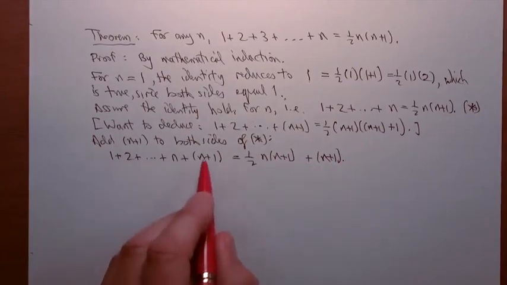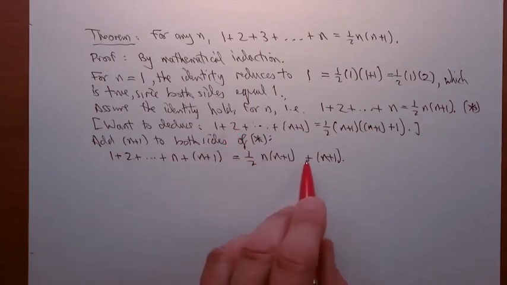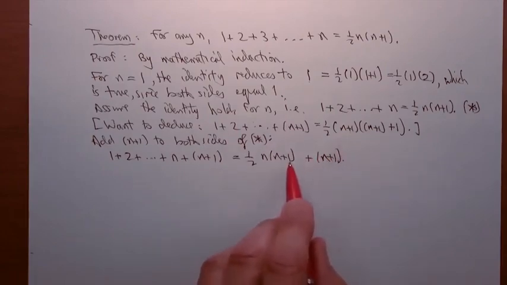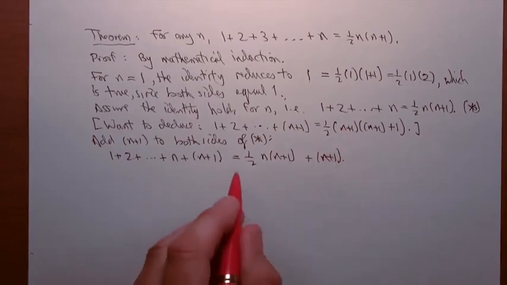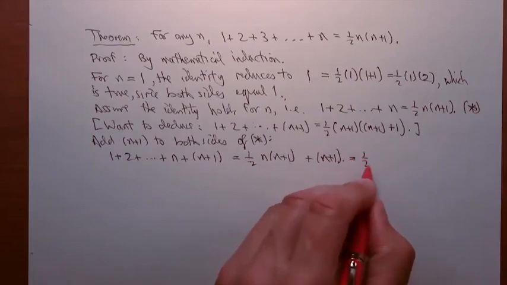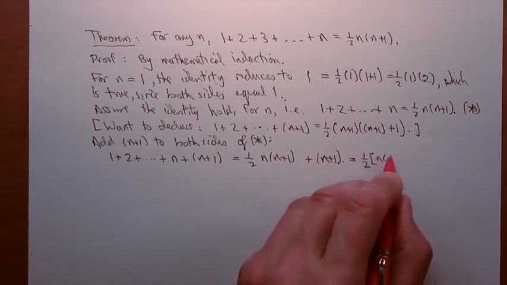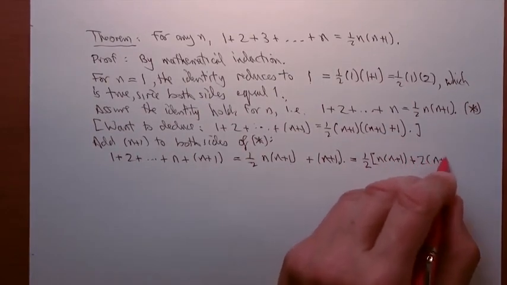So I've now got the left-hand side of what I want to prove. I need to show that the right-hand side is the right-hand side of the thing I want to prove. So I need to show that that is the same as that. Well, let's just see what happens. I can take the half out as a common factor. So I've got a half into (n + 1) plus 2 into (n + 1).